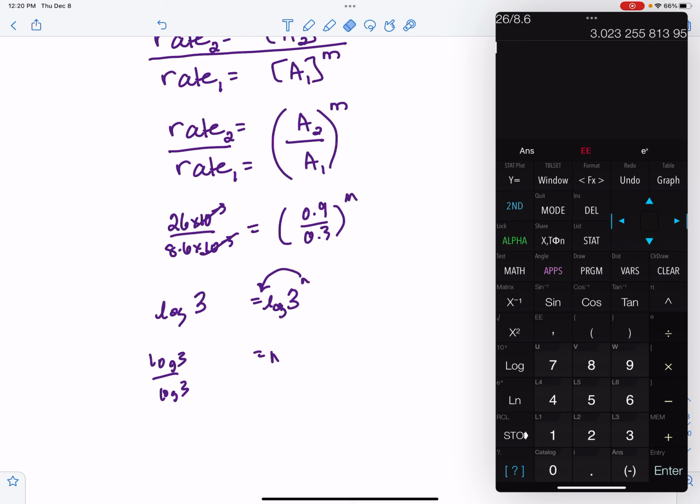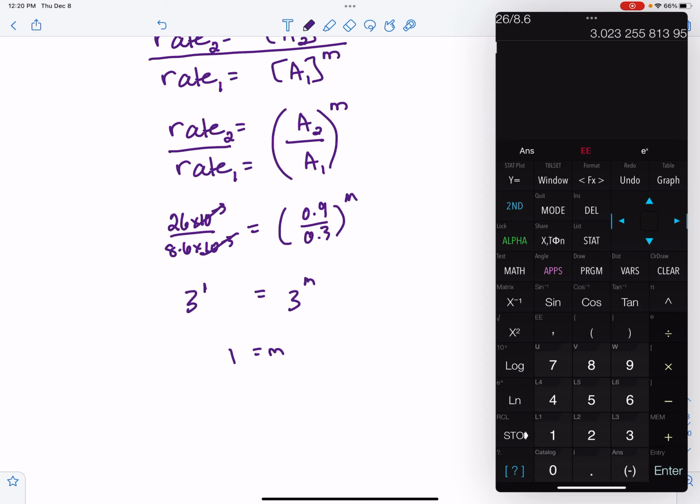Or you can just see that this was 3 and that this was 3 to the m. And if that one has an understood exponent of 1, which it does, 3 is 3, whether it's 3 raised to the 1 or just 3, then you can say that that's what the exponent is. So either way you prefer to work the problem, that's how you do it.